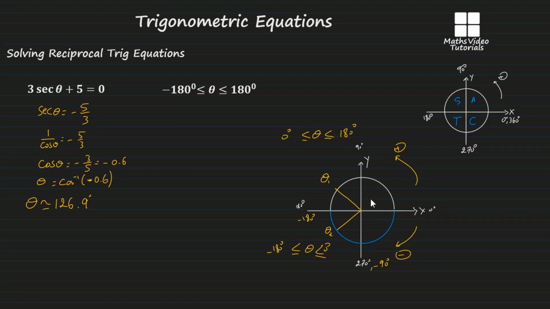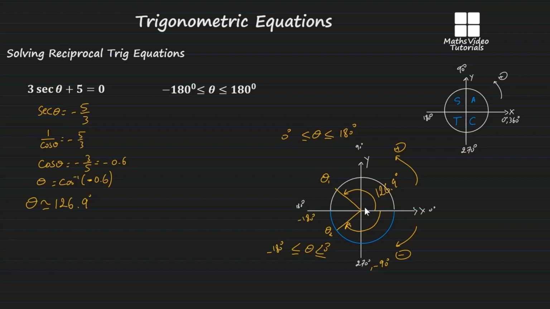Our angle theta 1 belongs to this interval, so it follows this direction. So it must be this one, and it is equal to 126.9 degrees. Our angle theta 2 belongs to this interval, so it must be this direction.